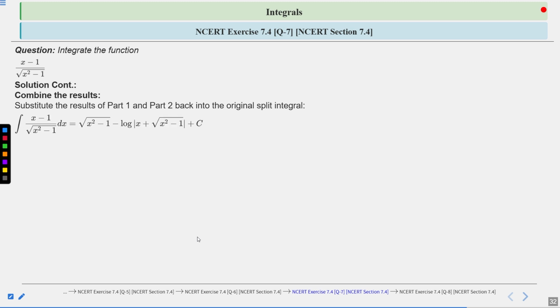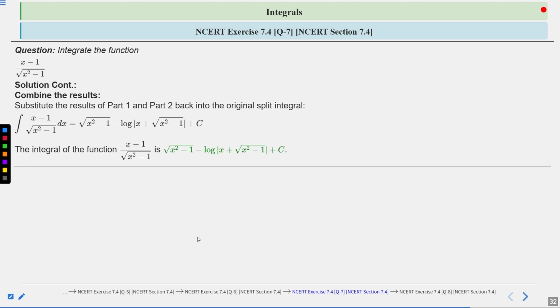So the integral of x minus 1 upon root over x square minus 1 dx will be equal to root over x square minus 1 minus log mod x plus root over x square minus 1 plus c, okay? Clear?